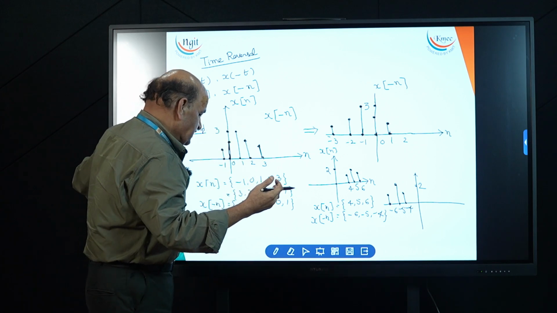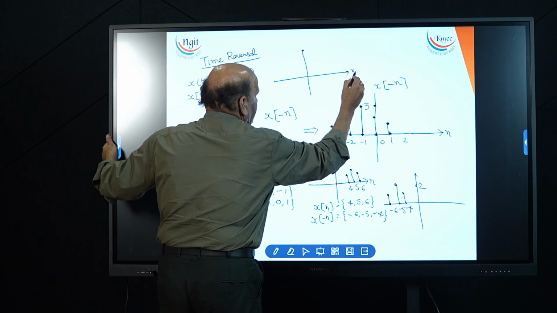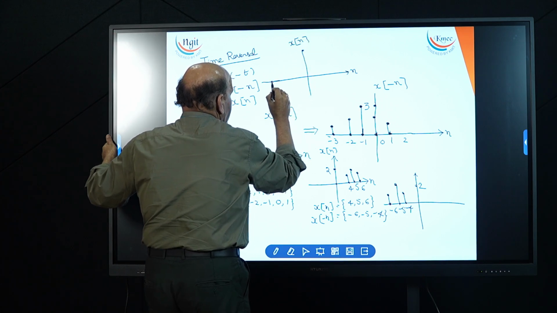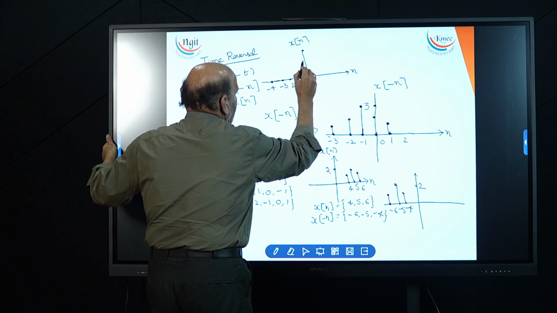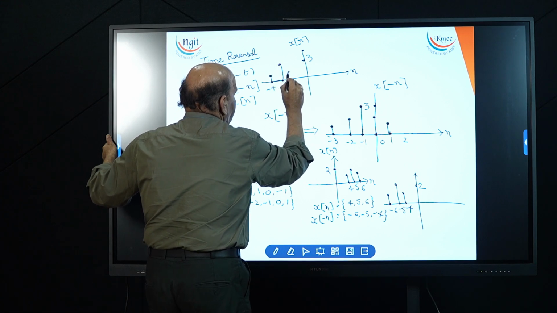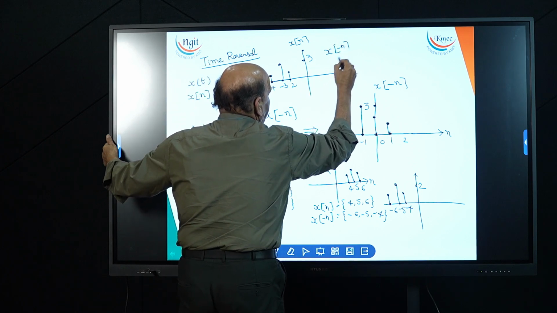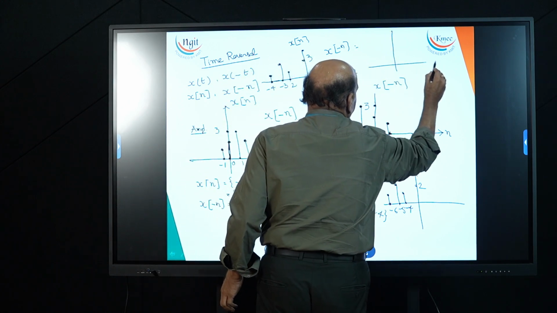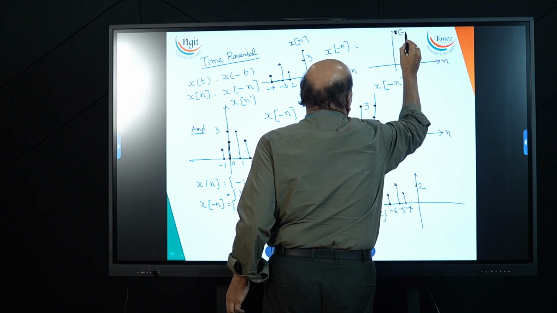In the same way, for example, this is n, this is x of n. The graph can be, for example, minus 4, minus 3, minus 2, with amplitude equal to 3. This is the sketch of a discrete signal. What is x of minus n? So x of minus n could be like this. This is n, this is x of minus n.